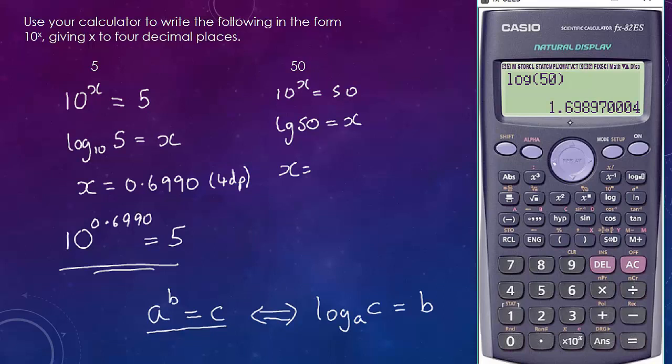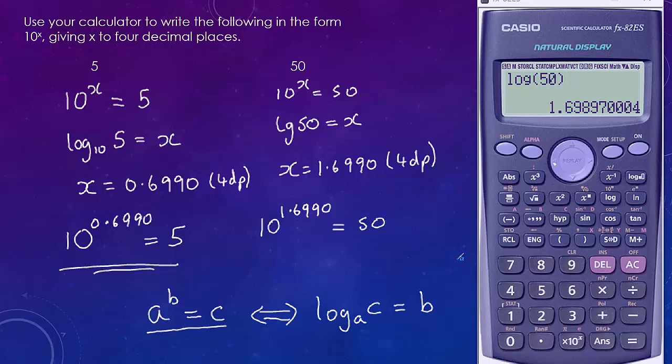And that gives me 1.6990. Notice it's just one more than this one. We'll see why that works a bit later. And therefore 10 to the 1.6990 is equal to 50.